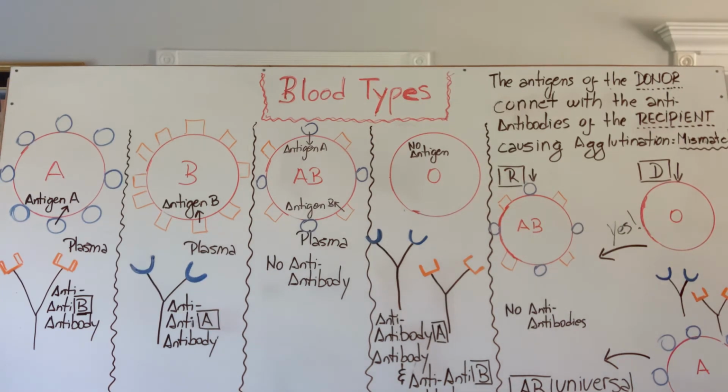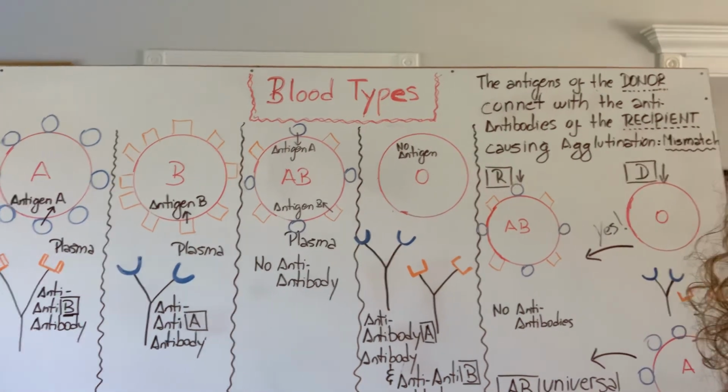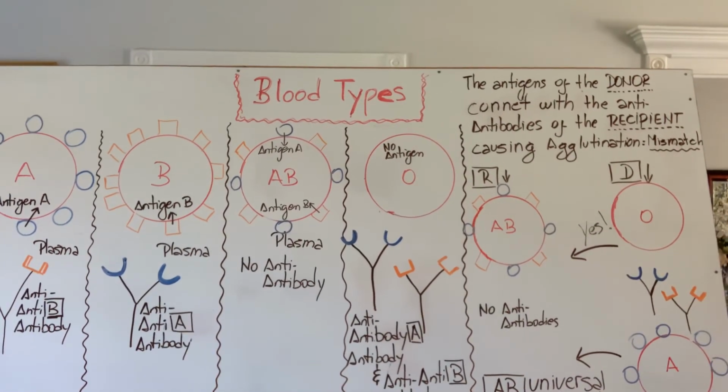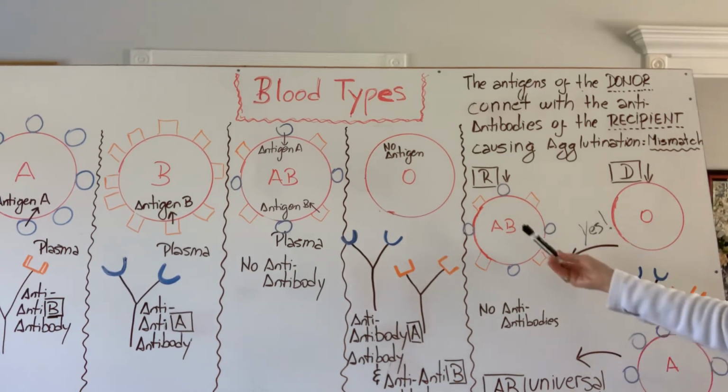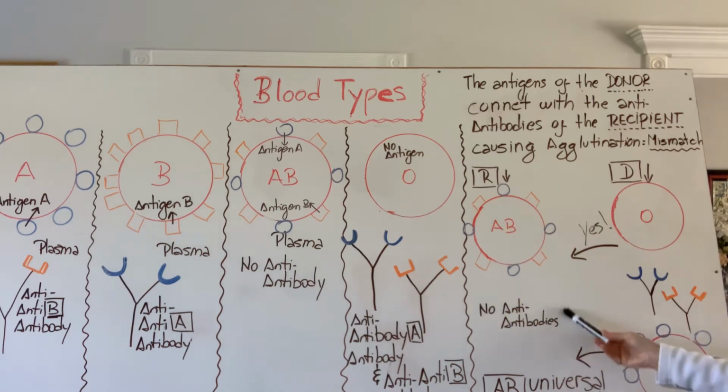Now, with the same concept, let's pretend that the new donor is A. If the new donor is A, it has antigen A on the surface, but this recipient doesn't have antibodies, so there is no possible conjugation or matching or connection between these antigens with no antibodies.